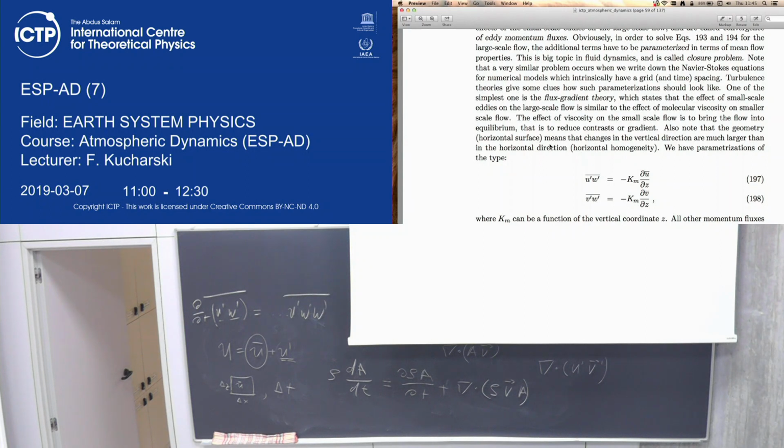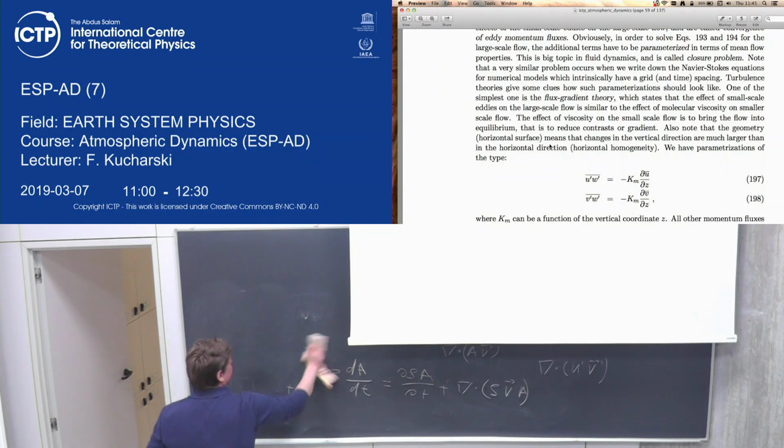We say, okay, let's assume our turbulent eddies act in exactly the same way on our mean flow. So we could, for example, say that we could parameterize the U prime W prime and the V prime W prime, which turn out to be our most important terms, by this formulation here. We always have to try to parameterize them as a function of the mean resolved flow.